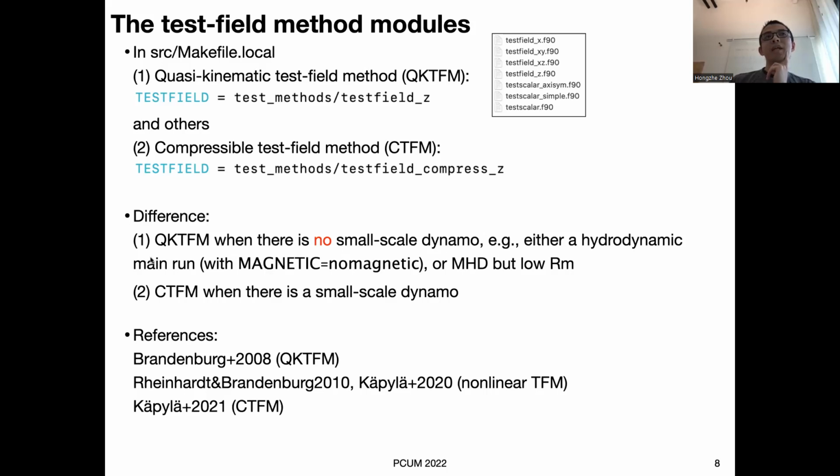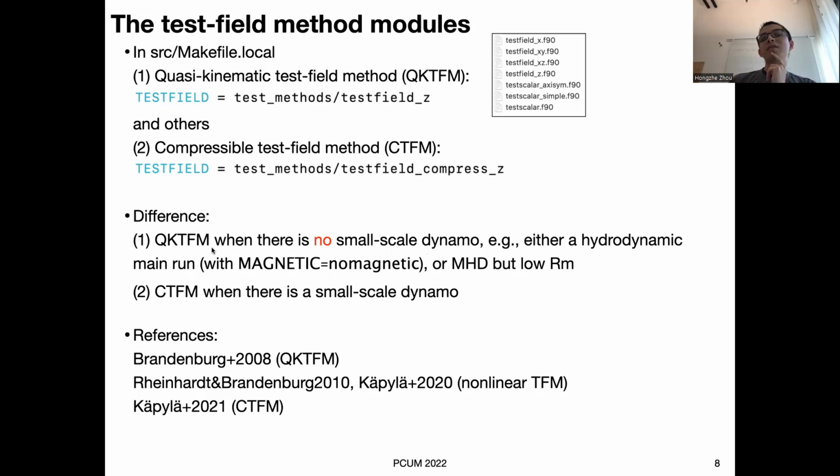So that means the main run can be a hydro run. That is, you don't have any magnetic field in your main run, but you only put in magnetic field in your test field problem. That's possible. Or you are really doing a MHD simulation, but it is at some low magnetic Reynolds number. So you still don't have a small scale dynamo.